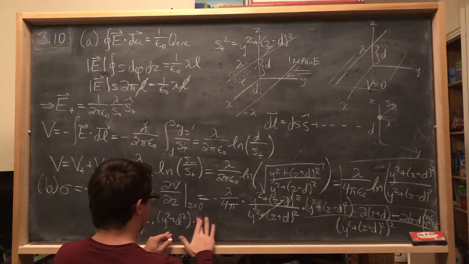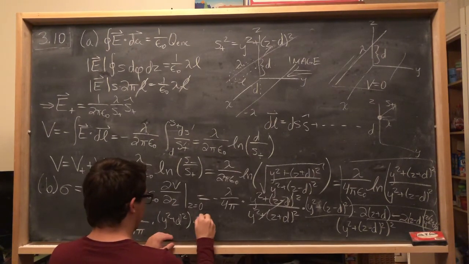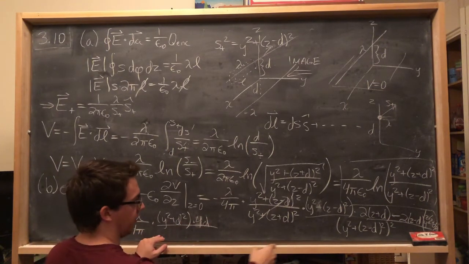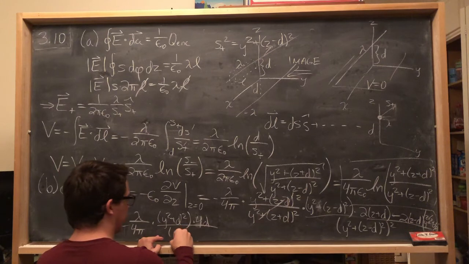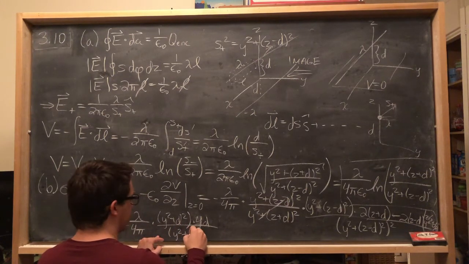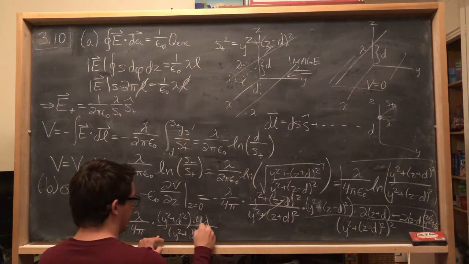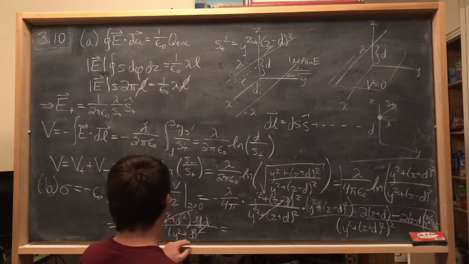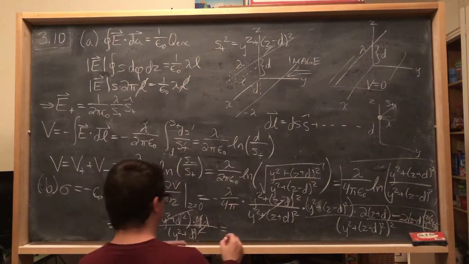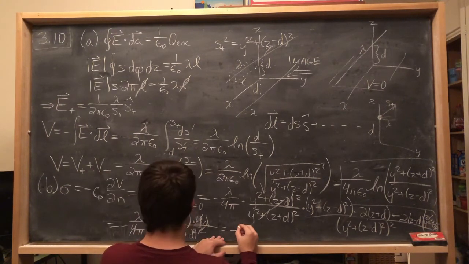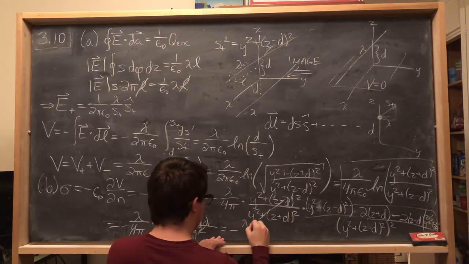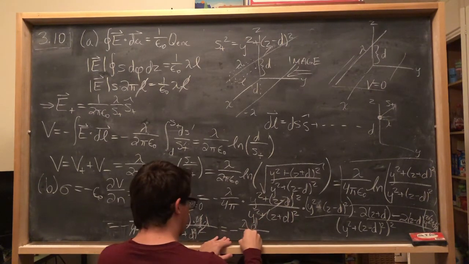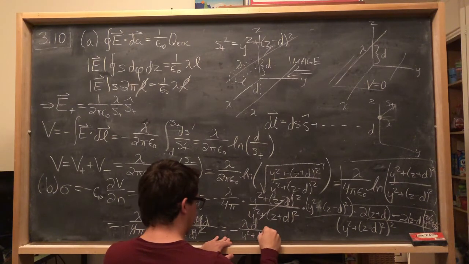So we could write this as 4d, since it's the same thing, we'd just be adding them up. And then below there would be y squared plus d squared. We can cancel these out, and the 4's cancel out as well. And we're left with negative lambda d over y squared plus d squared.